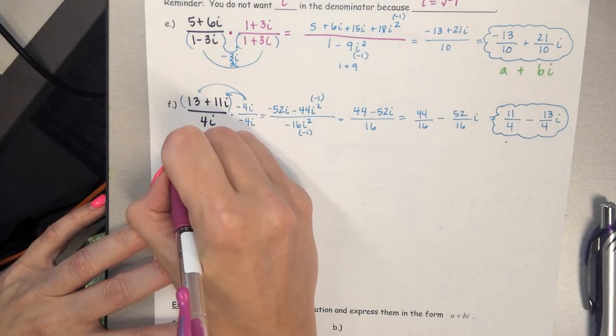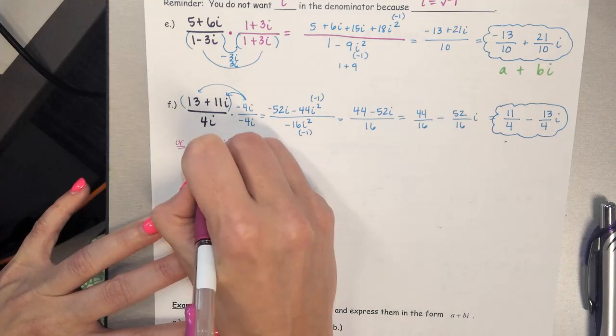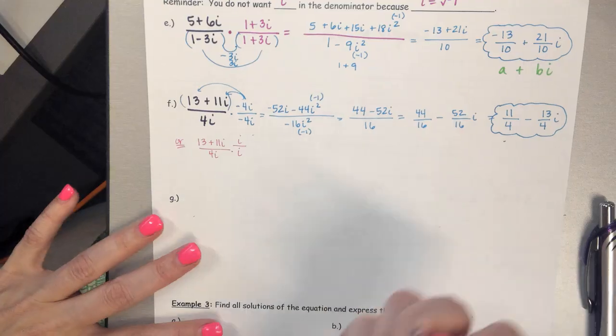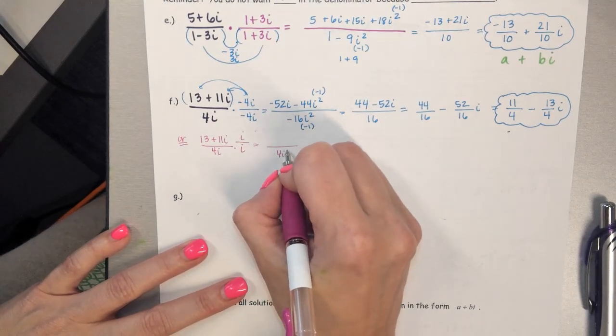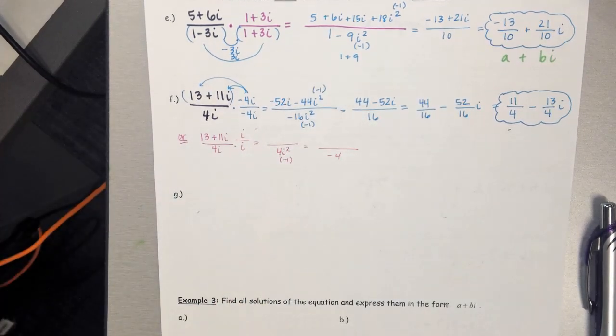Okay, and then like I said, there were multiple ways to do this. If you want to avoid having to do the reducing, if you just multiply by i over i, that's going to give you 4i squared, which will give you a negative 4 in the denominator.